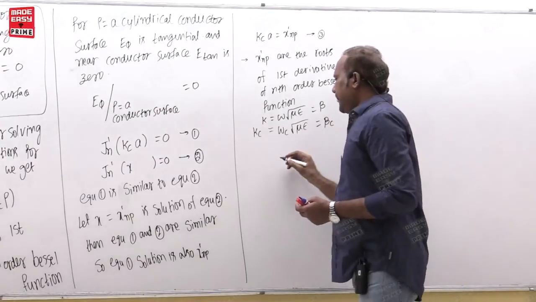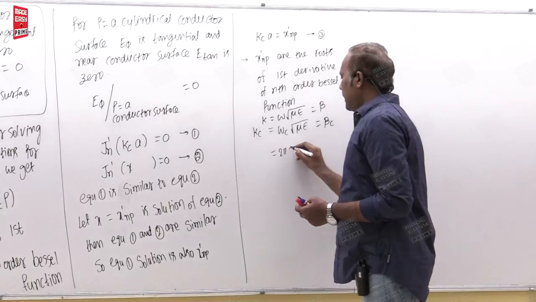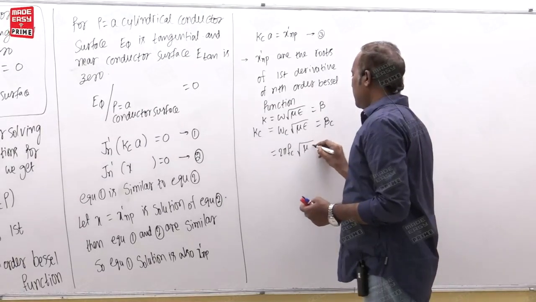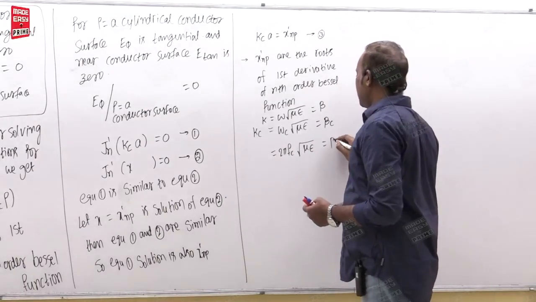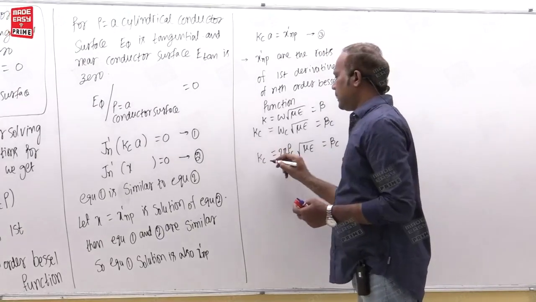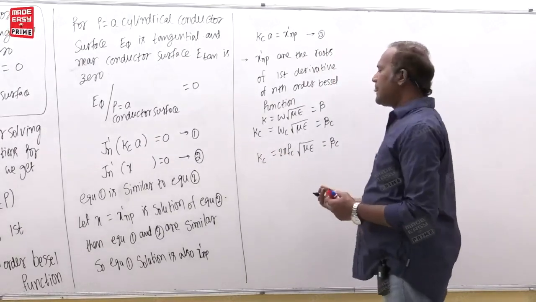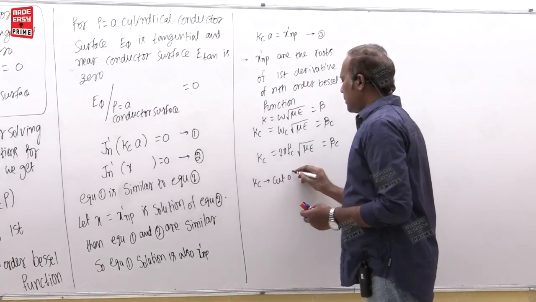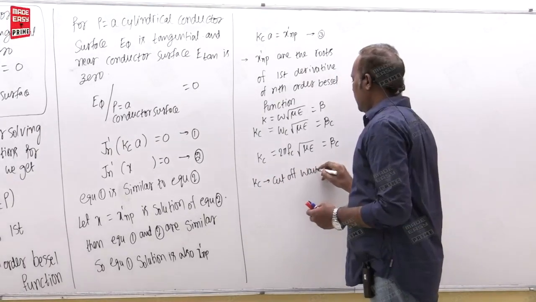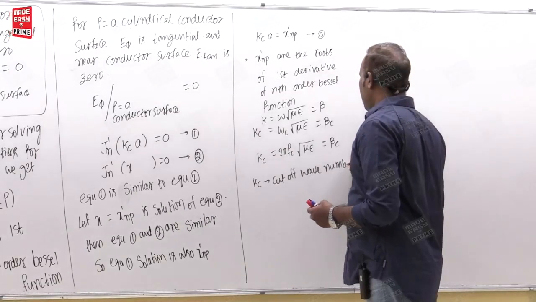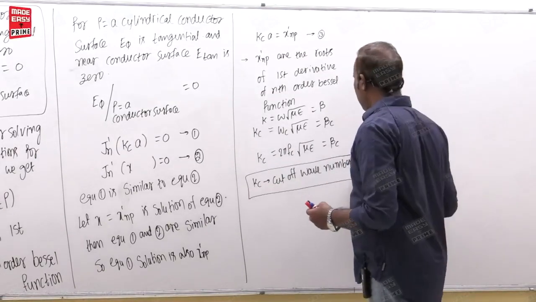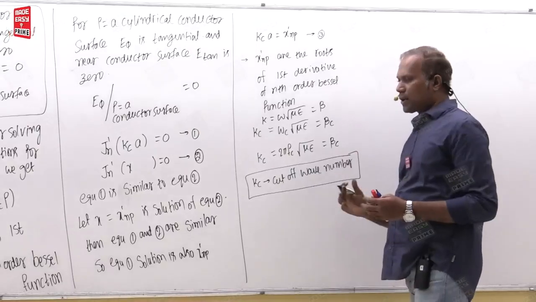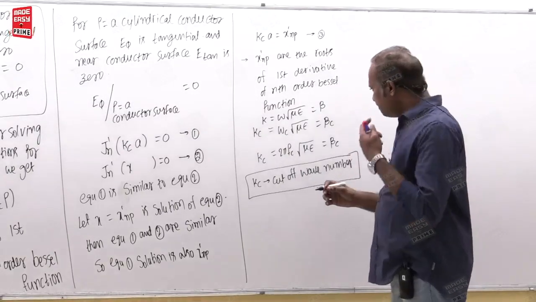So here that is 2 pi fc root mu epsilon. That is nothing but beta c, kc. What is kc here, student? Kc is cutoff wave number. You remember this one, because now I am going to write the formula shortly.